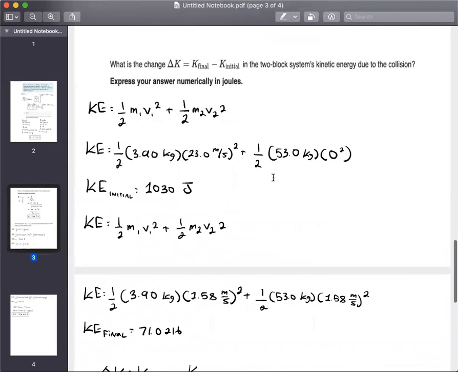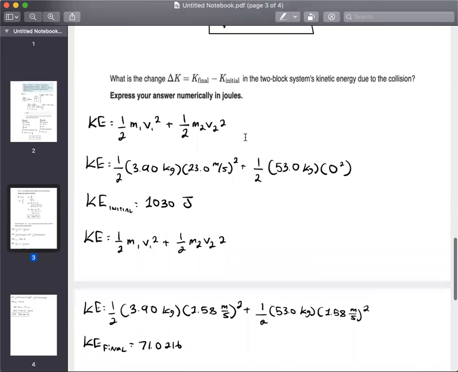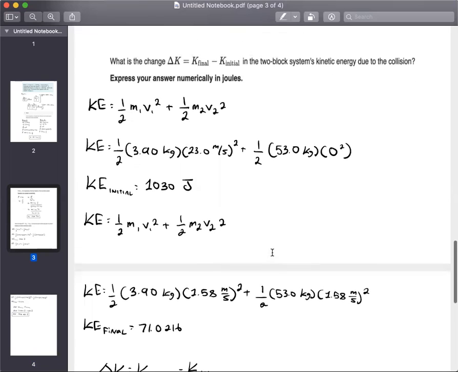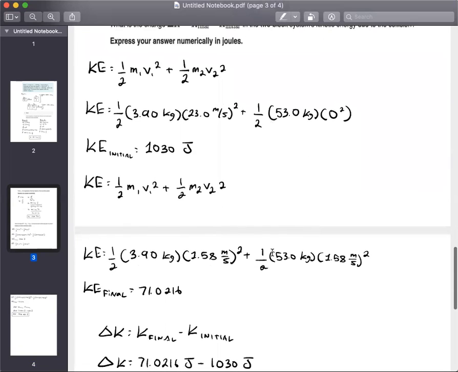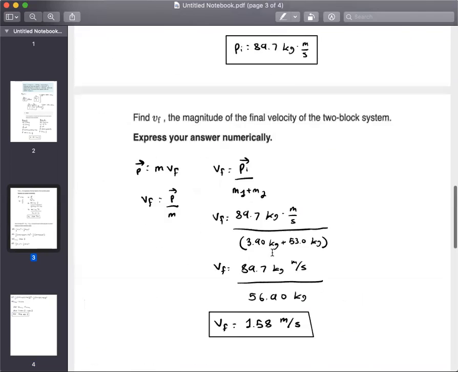Another tricky part is determining which equation to use to calculate the final and the initial. It can be easy to mix it up and use just one set of variables instead of both sets of mass 1, velocity 1, mass 2, velocity 2, and then remembering to change the velocity in the final kinetic energy calculation to what we calculated to be the final velocity.